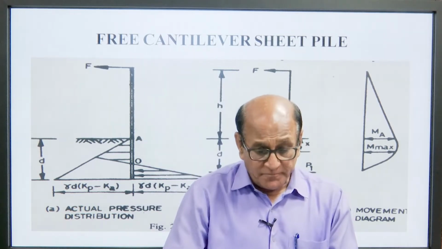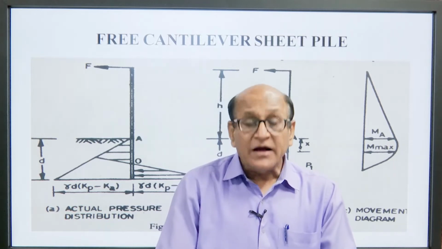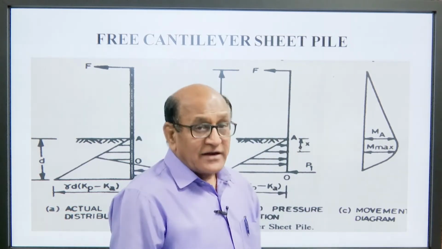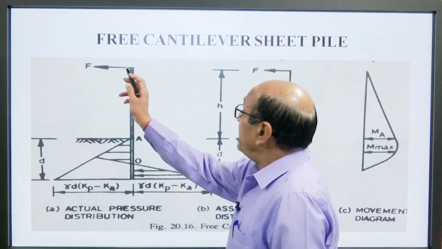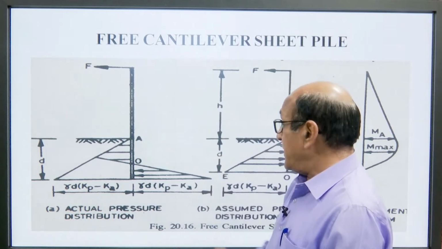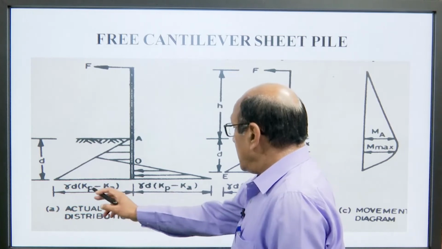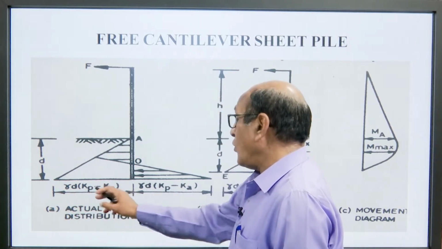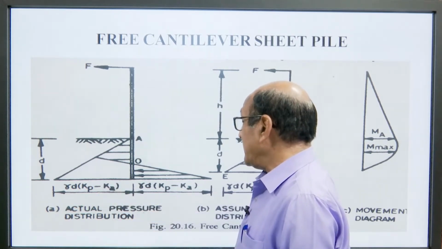Now, come to the free cantilever dredge sheet pile. We can see here F is acting towards the dredge line and this is gamma d K p, where K p is the coefficient of passive earth pressure and K a is the coefficient of active earth pressure.